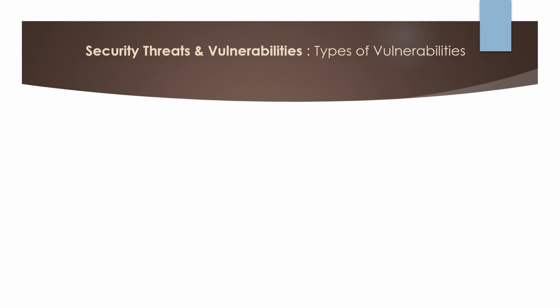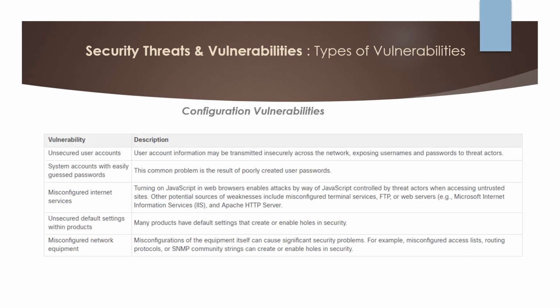And as for the configuration vulnerabilities, here is the table listing them, where we have vulnerabilities about unsecured user accounts, system accounts with easily guessed passwords, misconfigured internet services, unsecured default settings within products, and misconfigured network equipment. And here is even the description for each of those vulnerabilities.